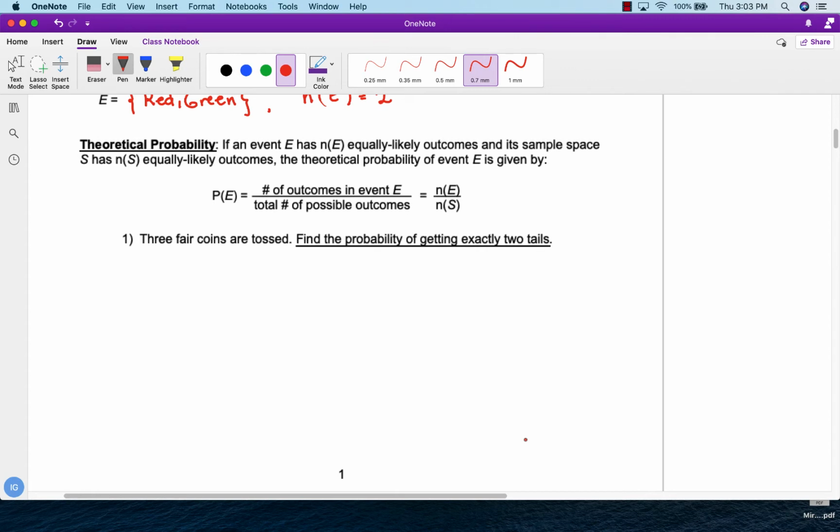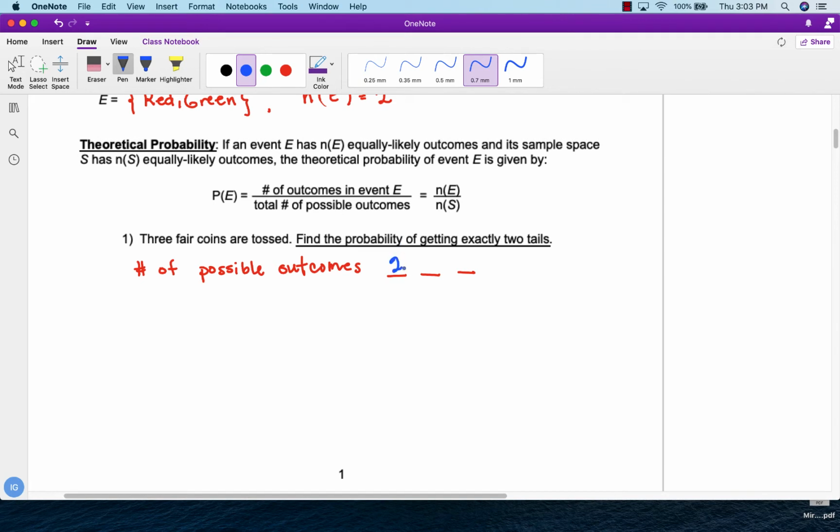It says 3 fair coins are tossed. Find the probability of getting exactly 2 tails. Okay, so we've done this before. Let's write the number of possible outcomes first. We have 3 coins, and for each of the coins you either have heads or tails.